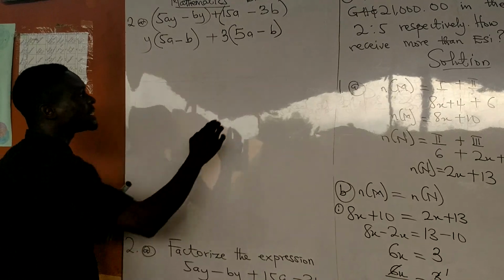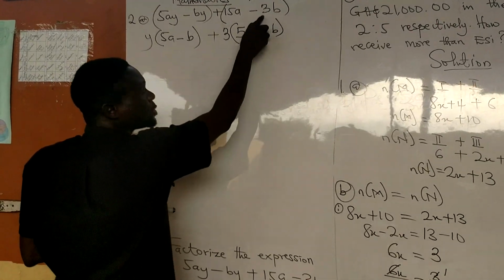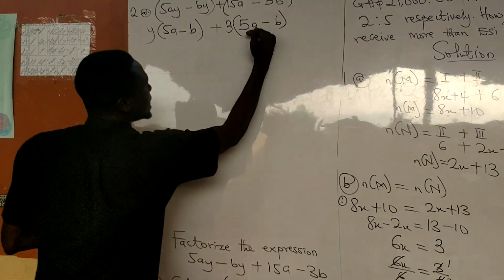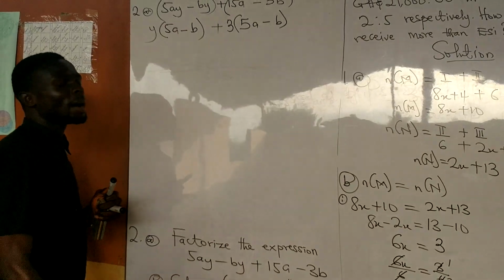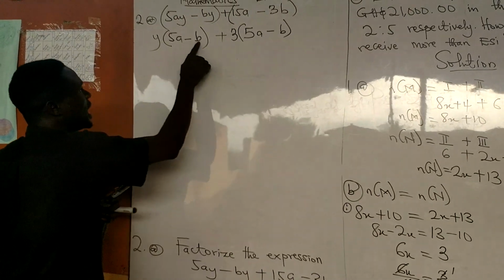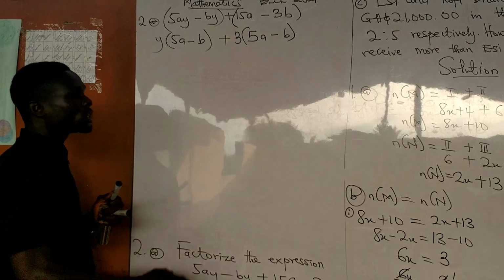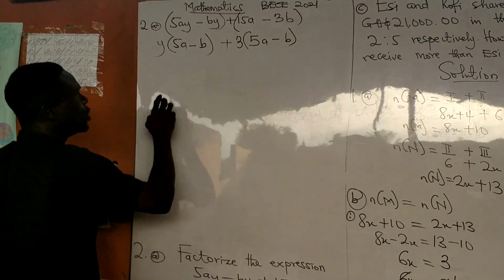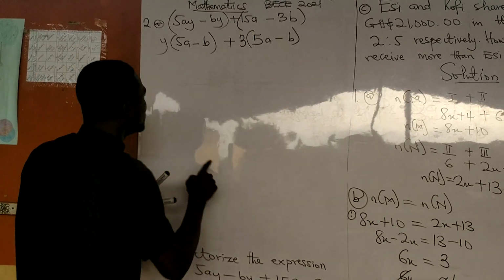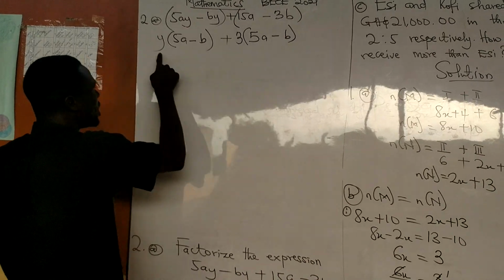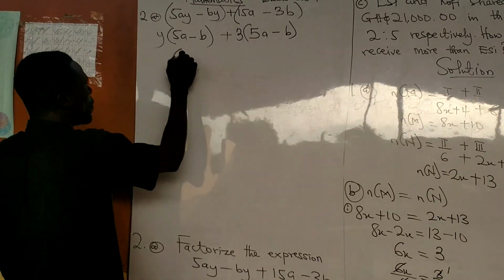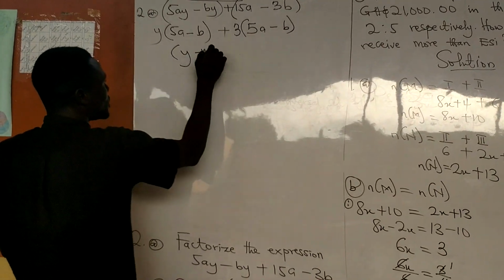You will notice that after factorizing, this bracket and this bracket are the same, having the same element in it. So since we have the same element, we will pick one of it. Then we are going to also pick the outer values. So you pick y, then plus 3.